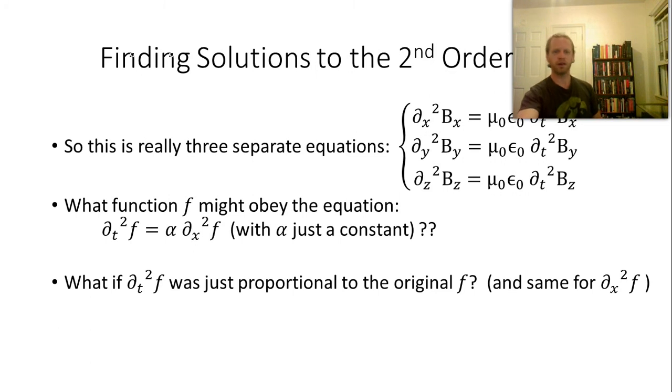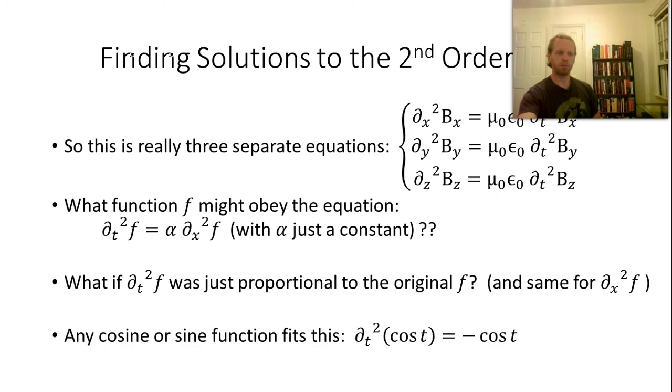Can you think of any other functions that behave like that? Probably the most obvious one and the most useful is the cosine function, or the sine function, exactly the same. When you take the second derivative of this, you're going to get negative sine and then negative cosine. So the second derivative is directly proportional to the function itself, and the constant is just negative 1.